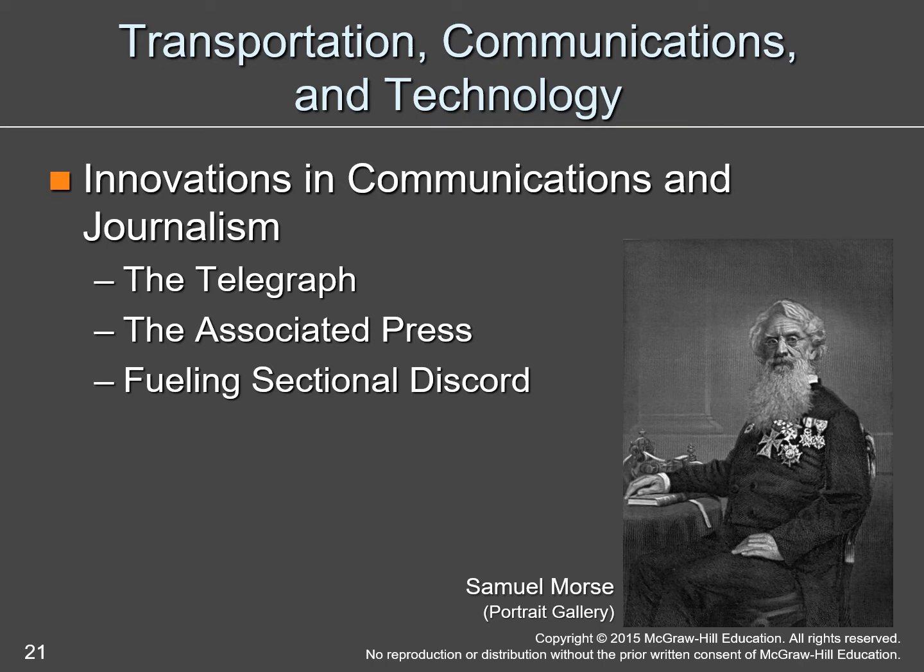Because you can get information out quicker, you get the rise of the Associated Press, which will make information available in a matter of hours instead of days. This has the impact of really fueling sectional discord. The North will have greater access to information because they tend to have more of the railroads, again, to the exemption of the South.